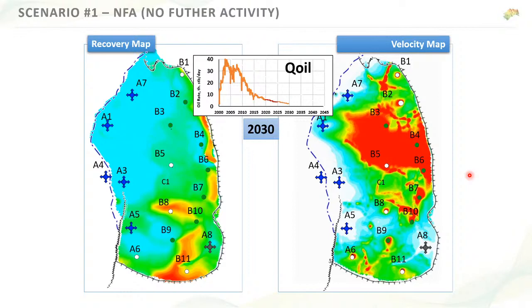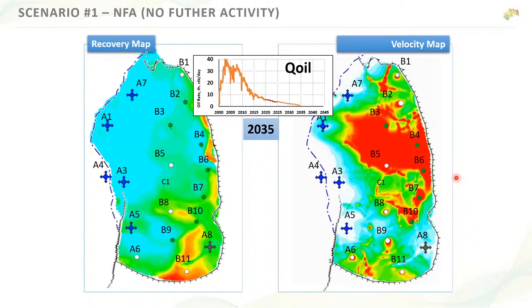Another 5 years, we have a fairly okay sweep on the upper part of the field, but the lower part of the field still doesn't have that good sweep or recovery. And as well, we can see that the velocities are not so high in the lower part of the field, right?